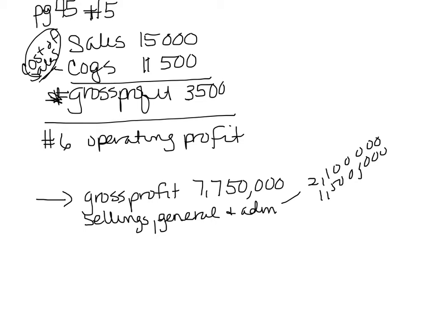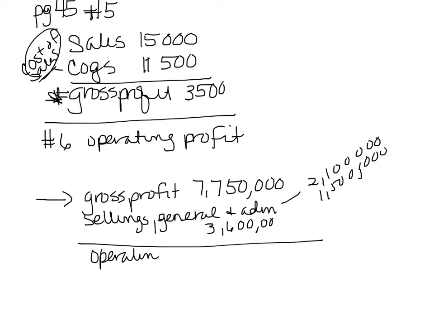If we add those up, we get $2,600,000. I added wrong. We'd get $3,600,000. $3,600,000. This gives us operating profit.